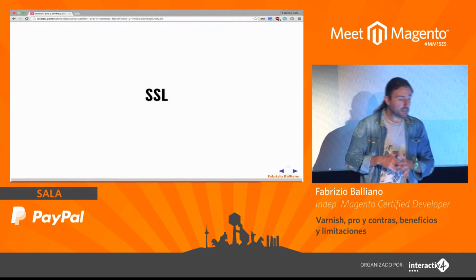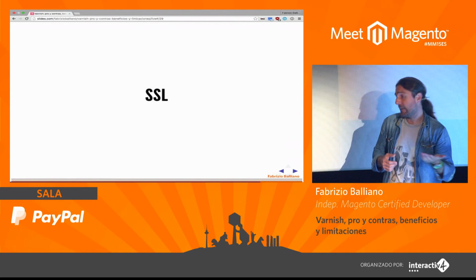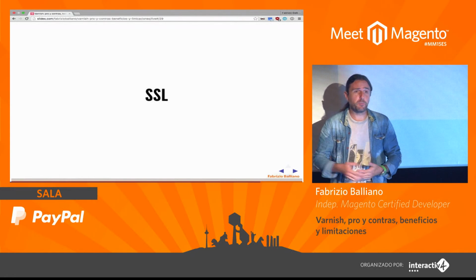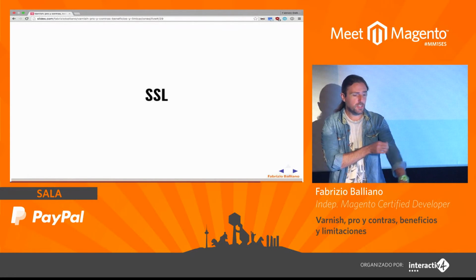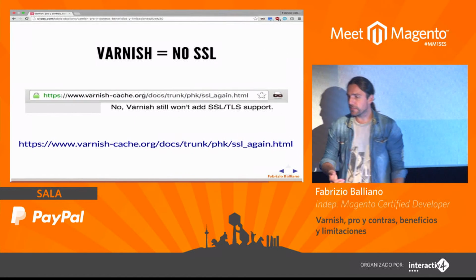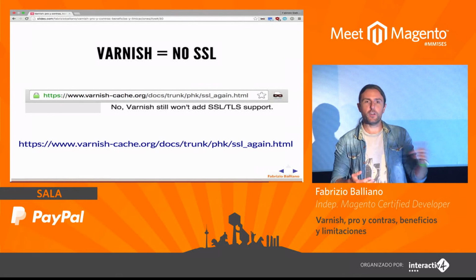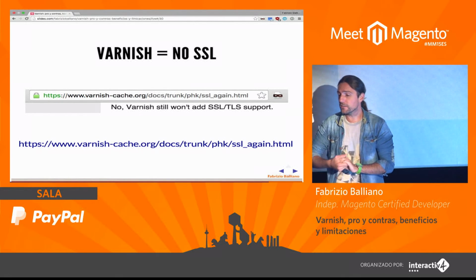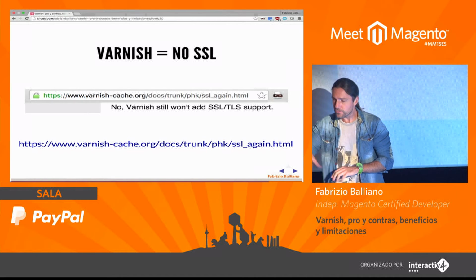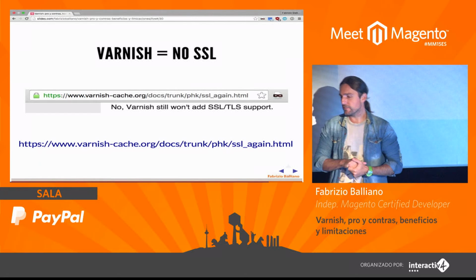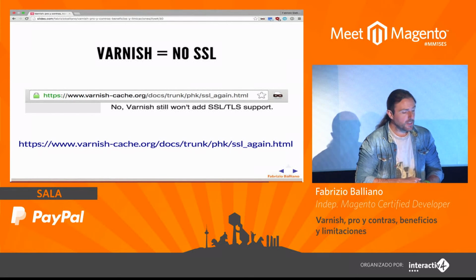The last point is SSL. SSL is obviously a very important thing for all our stores, and nowadays everybody takes it for granted. But the thing is, Varnish means no SSL. If we take a look at the screenshot I took here, it's the official Varnish website, and it says, no, Varnish still won't add SSL/TLS support.